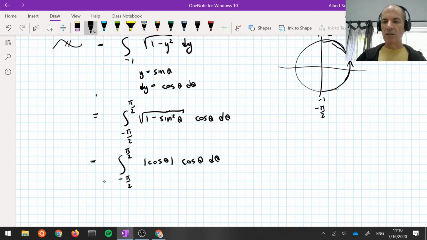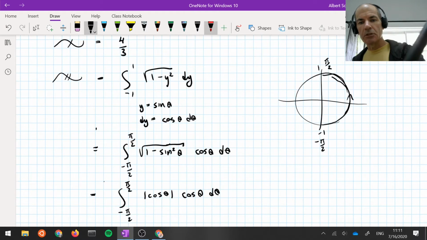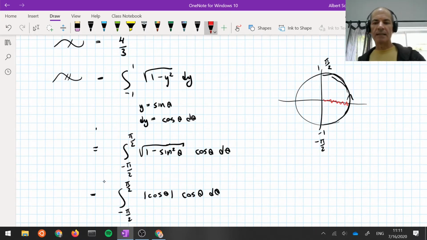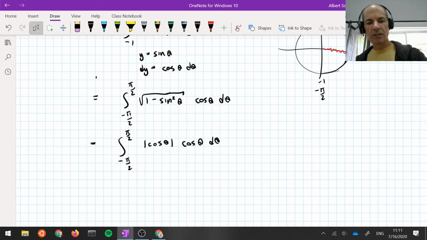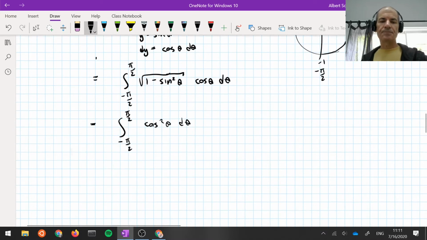And the answer is no, because if we look at the unit circle over here, while I'm going from theta equals -pi/2 up to pi/2, the cosine is staying exclusively over here on the positive x-axis. So there's no reason to keep these absolute values. And we have 2 cosines, so in fact we could just replace this with cosine squared theta d theta, like that.